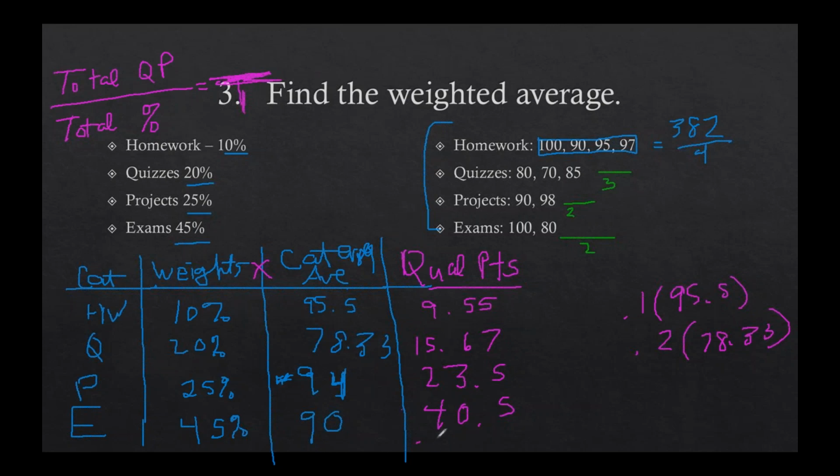So total quality points. If I add up these pink quality points, what do I get? 89.22.